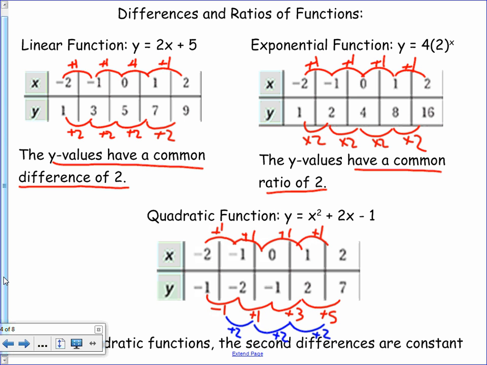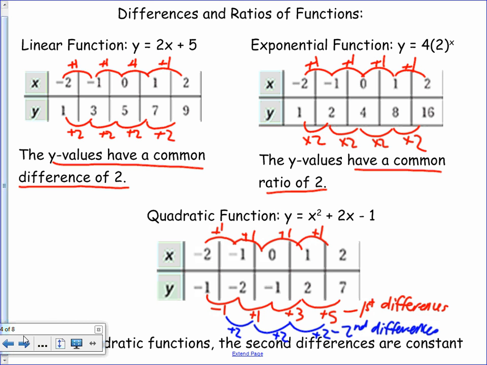So this was the first differences, which we didn't have to go this far with any of the other functions, but with the quadratic functions we are. And here are the second differences. And what we can see from this is that in a quadratic function, the second differences are constant, always changing by the constant thing.